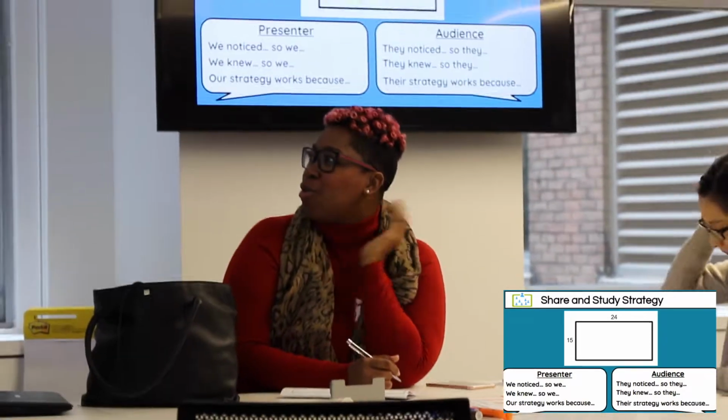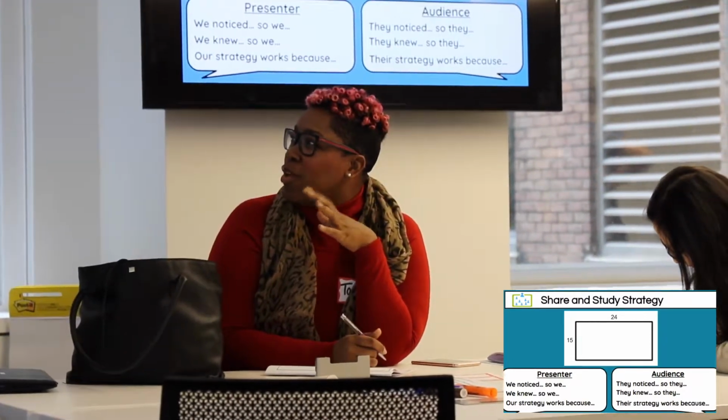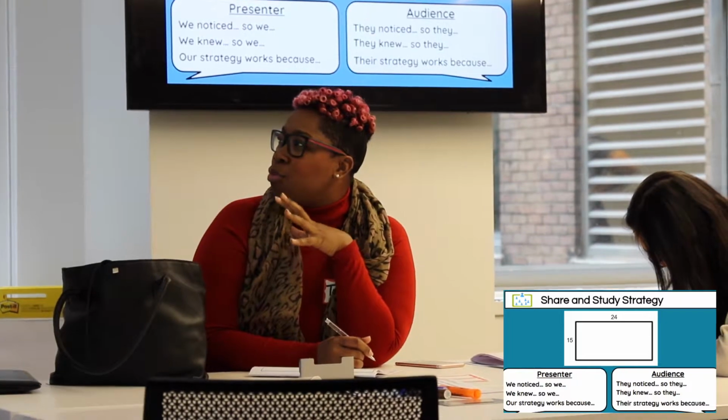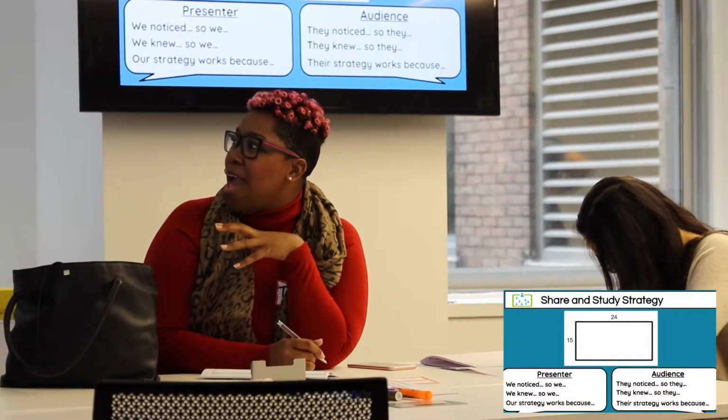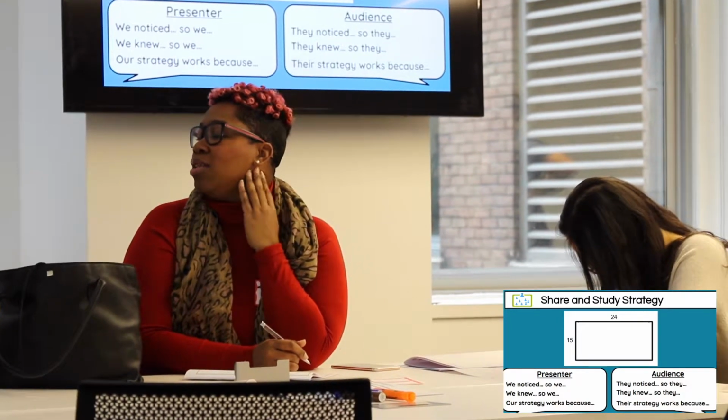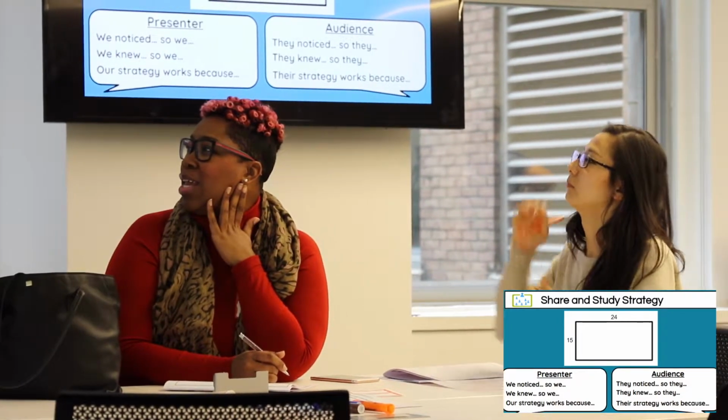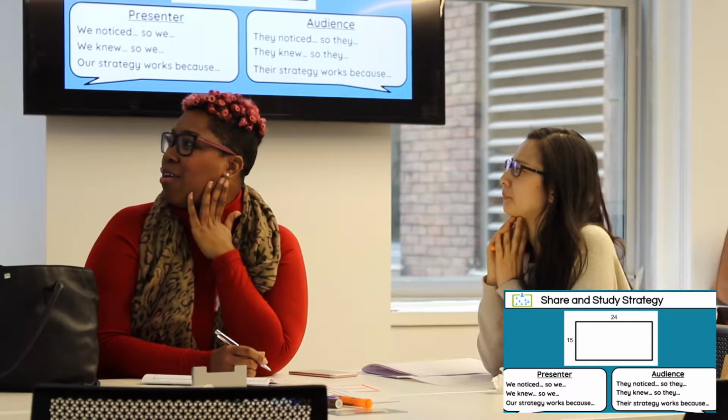I'm gonna go with Tammy, okay? What David noticed was he doesn't like to work with numbers that are really big. So he broke up the 24 into 20 and 4, and then the 15 into 10 and 5, sorry.